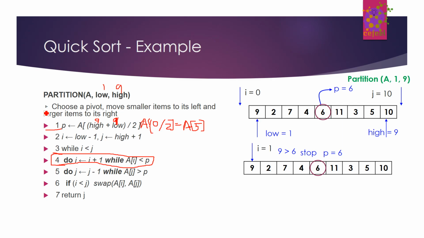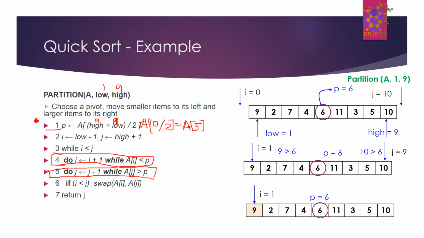We will now go to step 5, which is the j loop. What it suggests is you decrement j while A[j] is greater than p, we just keep decrementing. So first we decrement j, so j now becomes 9 from 10, and we compare. In fact 10 is greater than 6, so we don't need to stop, we'll keep decrementing j because A[j] is greater than p.